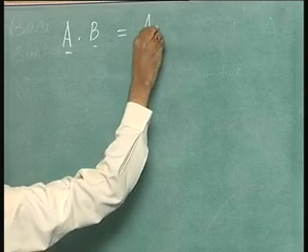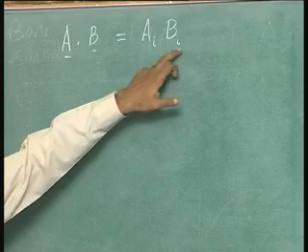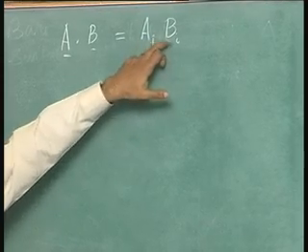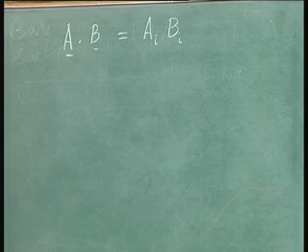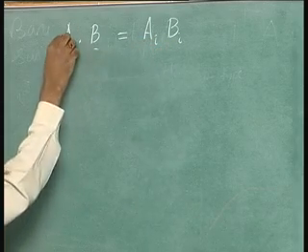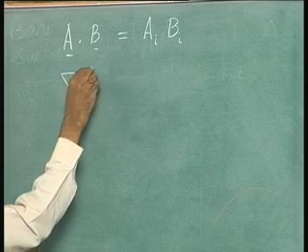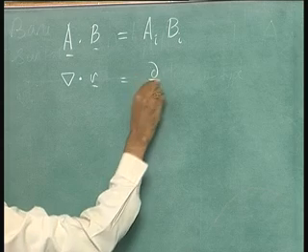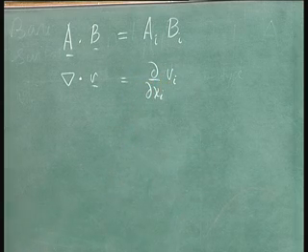A sub i times B sub i, meaning I sum over i equals 1, 2, 3. So, Ax Bx plus Ay By plus Az Bz. Similarly, the divergence of a vector V, I write as del del xi of Vi.